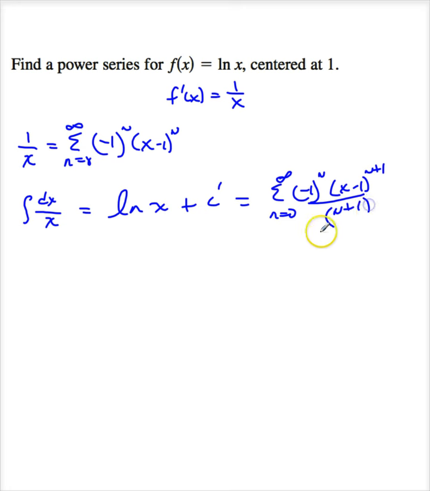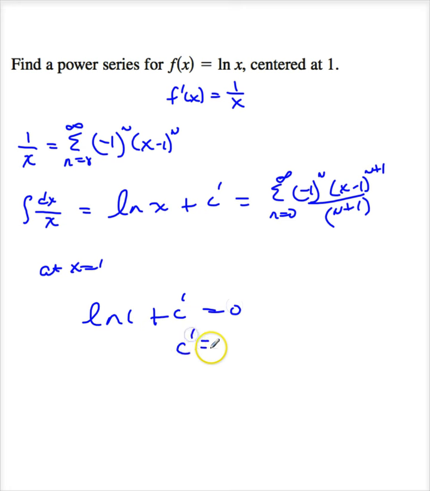All right. So now I have this c in there. At what point do I know log of x is 0? When x is 1. So I can pick a point. So at x equal 1, I have the log of 1, excuse me, plus c prime is equal to, and this side over here is 0.